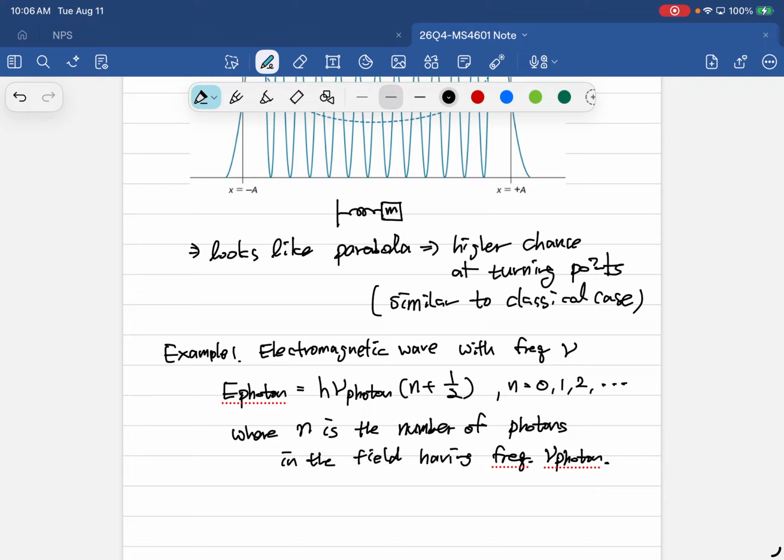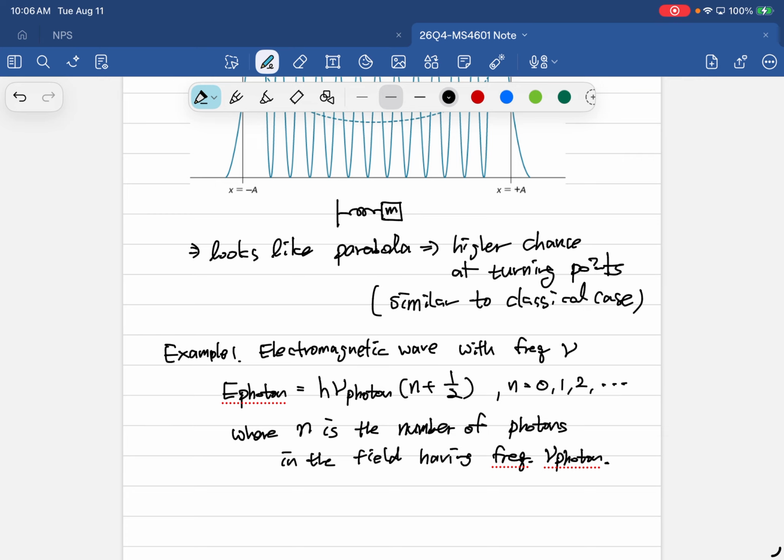Each photon has an energy of h nu, which is the fundamental photon energy, and the number of photons is defined by this number n. If you have higher n, what does it mean in terms of photons? It means higher energy, right? So higher n indicates how many photons there are.